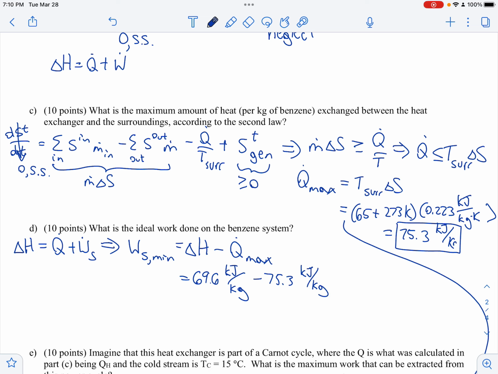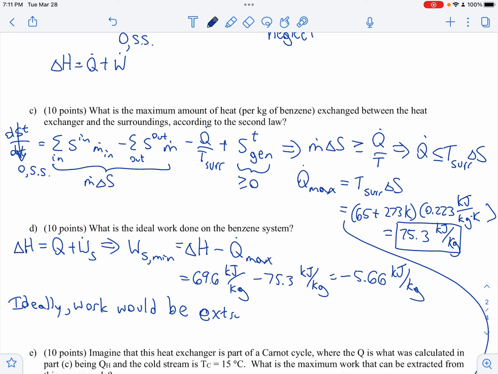Sorry, this was per kilogram. And the answer is minus 5.66 kilojoules per kilogram. And this means that ideally, work would be done on the surroundings, or we can say extracted.